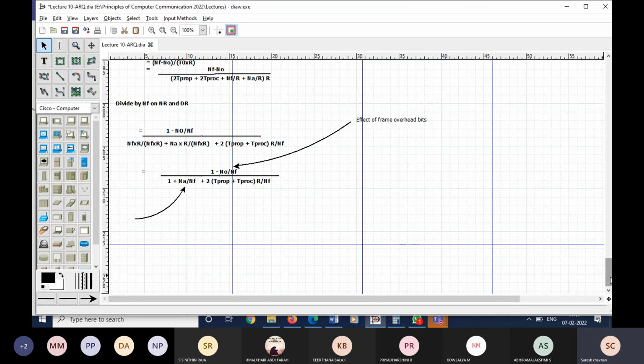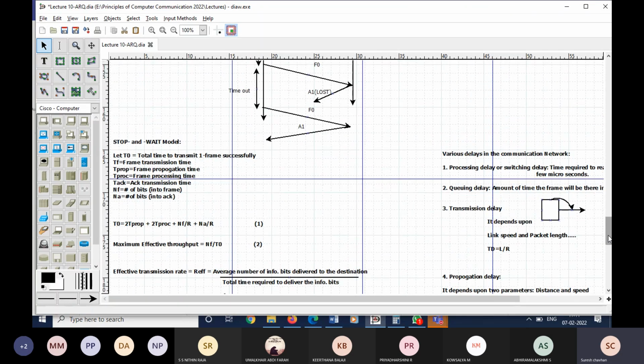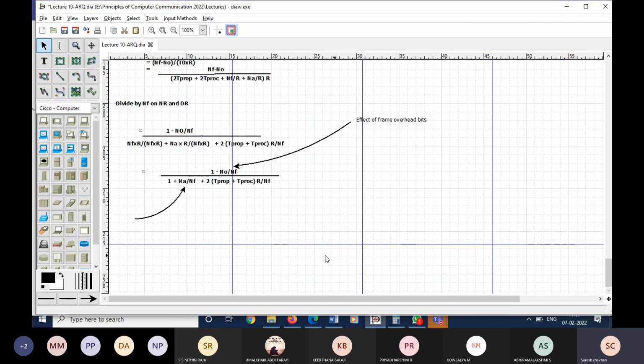At the beginning, I have declared a few notations. NA is the number of bits in the acknowledgement frame, right? So this is the overhead of acknowledgement frame. You can write acknowledgement overhead bits, correct?